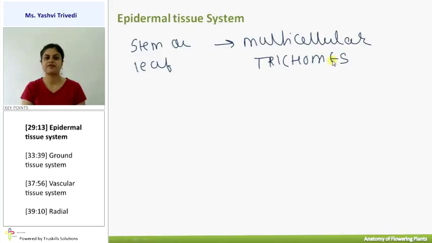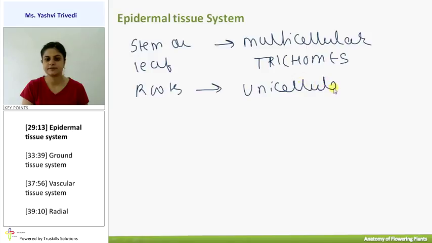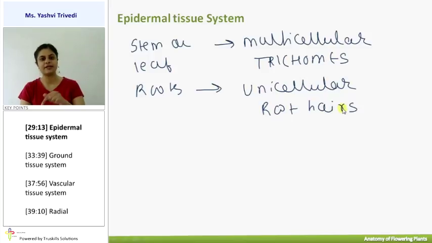Again, they are mainly there for preventing the water loss because of transpiration, and sometimes they can also secrete some important particles. In case of roots, this type of appendages are unicellular and they are called root hairs. And over here they are mainly involved between the soil particles for the absorption purpose.